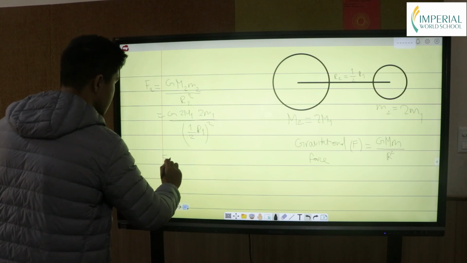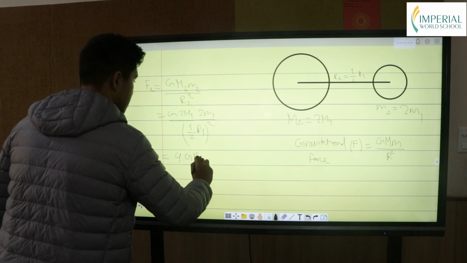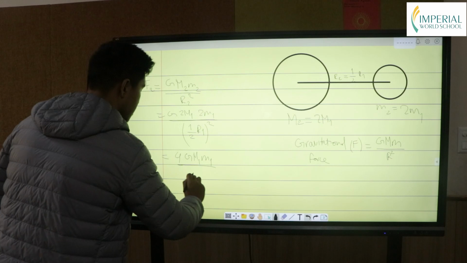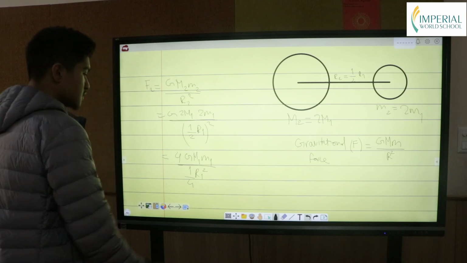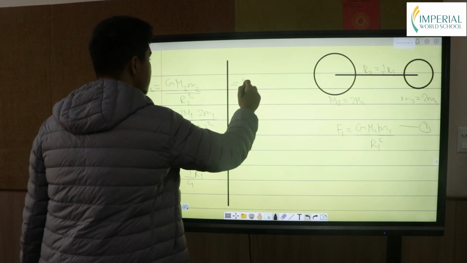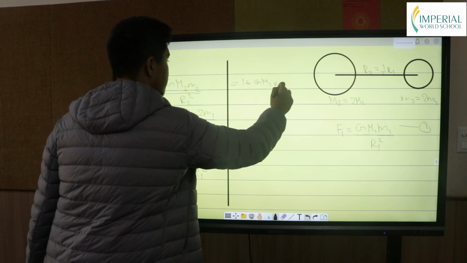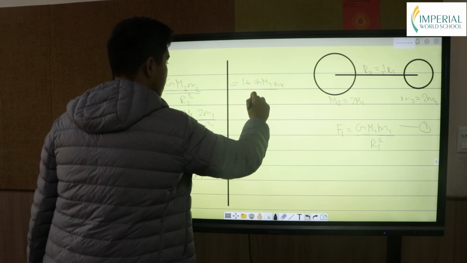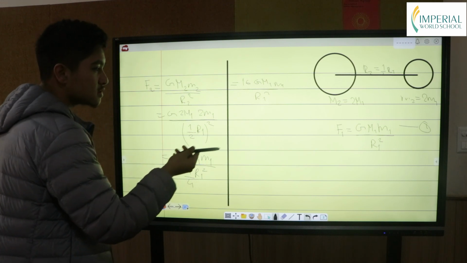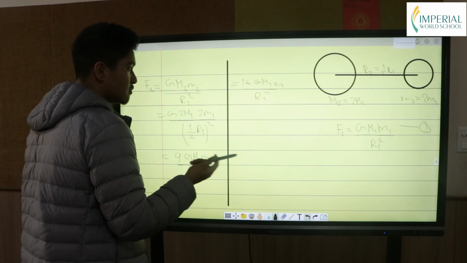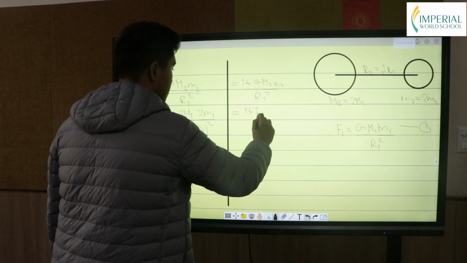So now this is 4 times G m1 times small m1 by 1 by 4 times R1 square. That is 16 times G times m1 times small m1 by R1 square. From our previous equation, we have that F1 is equal to G times m1 into m1 by R1 square. So we can write this as 16 times F1.